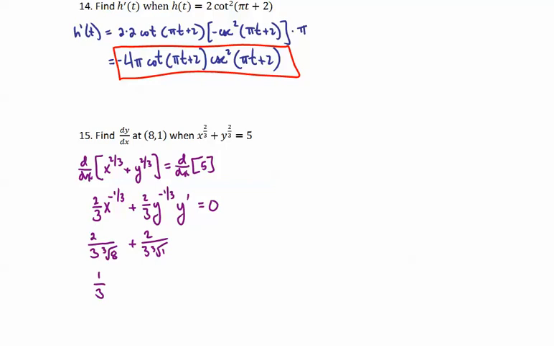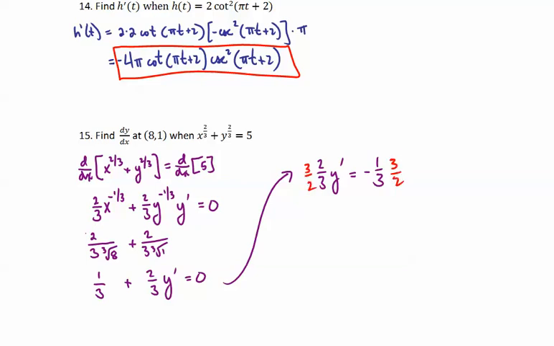Cube root of 1 is 1, so that's simply 2/3 there, times y prime. We can't add those two together. But at this point, we can subtract the 1/3 across. 2/3 y prime equals negative 1/3. Multiply both sides by 3 over 2, and we end up with y prime is equal to negative 1/2.